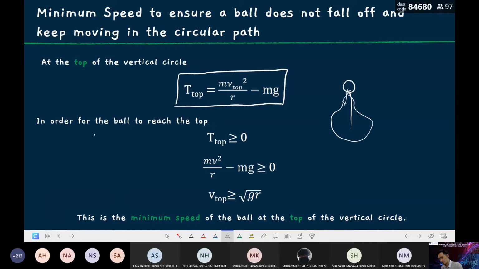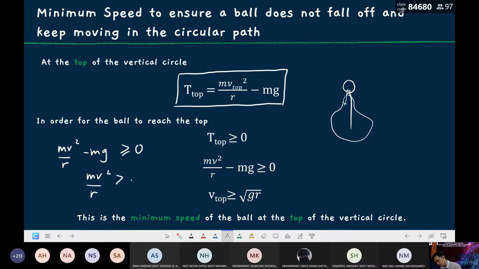Okay, so in order for the ball to reach the top, the T must be larger than 0. If the T is smaller than 0, then it is no longer circular motion. It will fall downwards at T equals 0. So that's why I put T must be larger than 0. Okay, and then from this equation, T top is mv square over r minus mg, we need to make it larger than 0, and then we move mg to the right hand side.